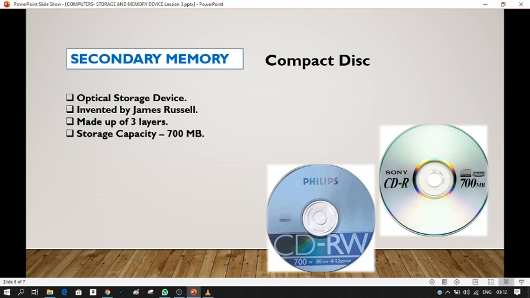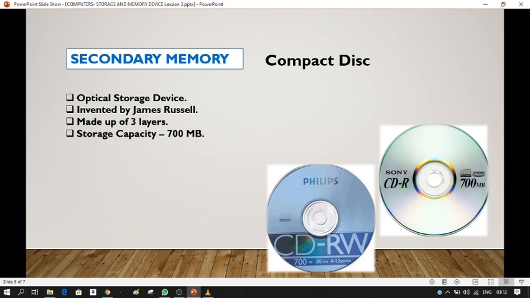It is shiny on one side and dull on the other side. The dull part contains the label depicting information about the CD, like the name of the company, the storage capacity of the CD, etc.